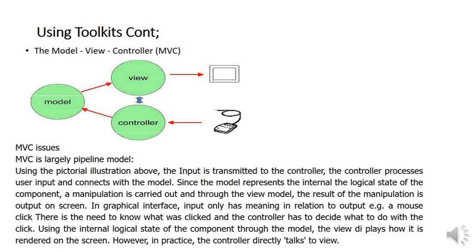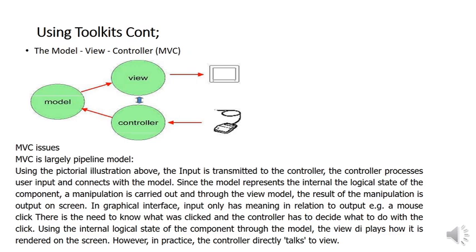That is output. In graphical interface, input only has meaning in relation to output. For example, with a mouse click, there is the need to know what was clicked, and the controller has to decide what to do with the click using the internal logical state of the component through the model. The view displays how it is rendered on the screen.